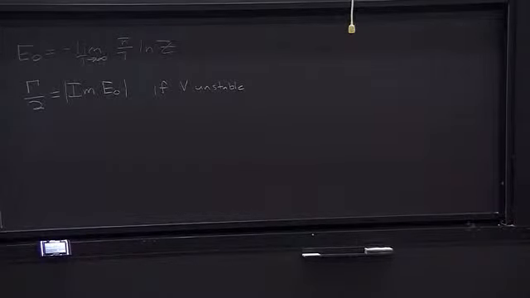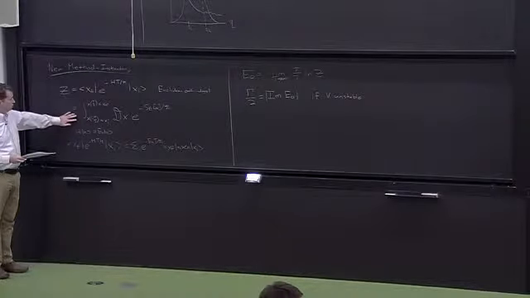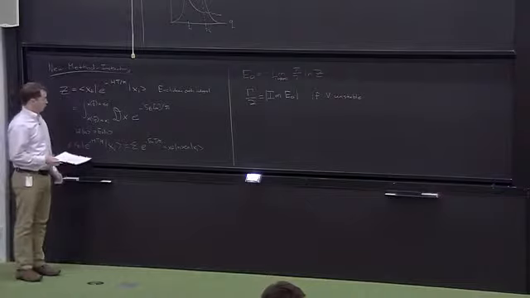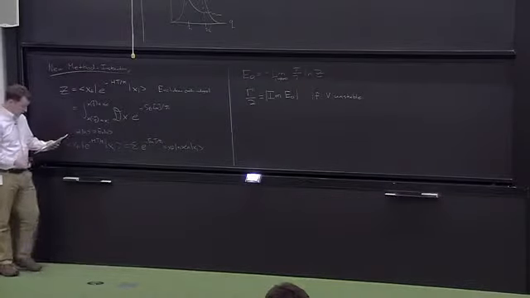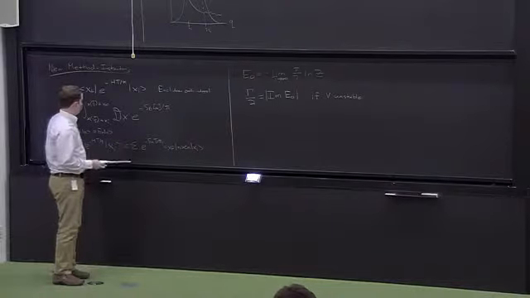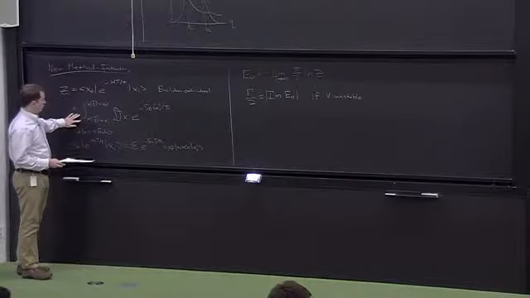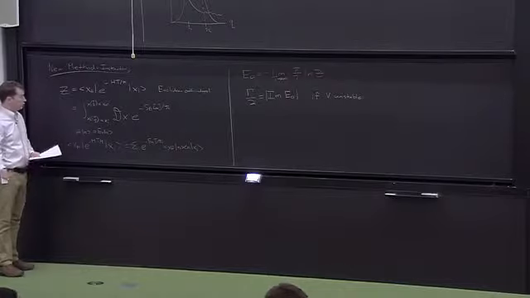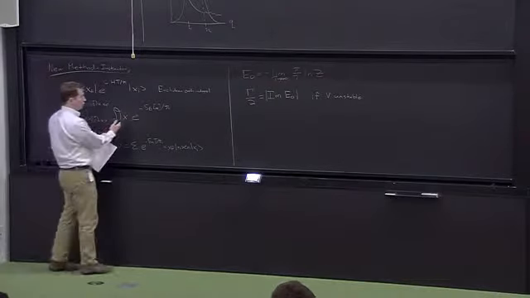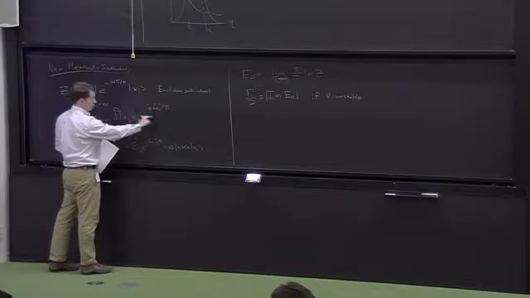So we want to study this path integral in the semi-classical limit. And the easiest way to do that is using the saddle point approximation. So we want to expand or approximate this integral by saying the contributions to this integral are dominated by the saddle points.